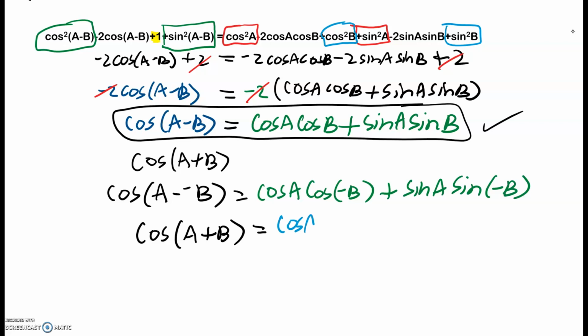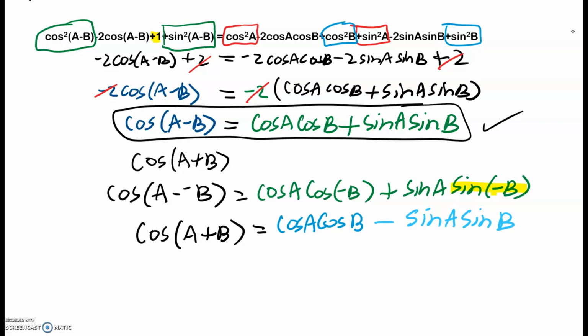That's cosine A. Now remember, cosine negative B is the same as cosine B. That's one of your even-odd identities. But sine negative B is really equal to negative sine B. So you put the negative there, and then you're going to have sine A sine B. And again, where did that come from?